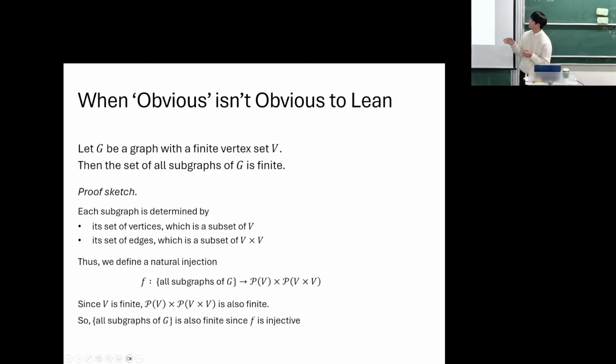Each subgraph is determined by its set of vertices, which is a subset of V, and its set of edges, which is a subset of V times V. Thus, we can define a natural injection f from the set of all subgraphs of G to the product of power sets. And since V is finite, the product of power sets is also finite. So we can prove that the set of all subgraphs is also finite since f is injective.